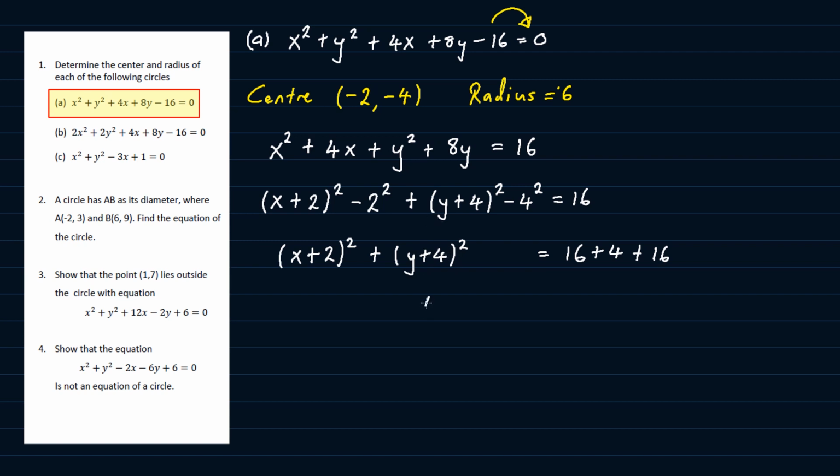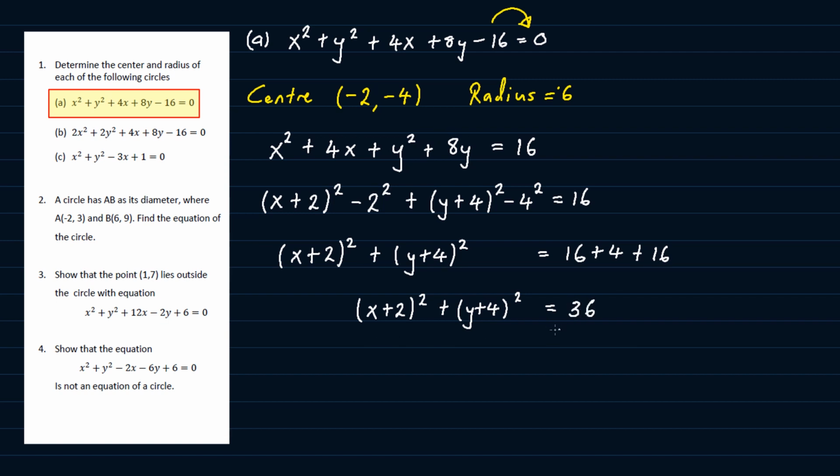So eventually we'll have the equation of the circle coming out as x plus 2 squared plus y plus 4 squared is equal to 16 plus 4, which is 20, plus 16, which is 36.